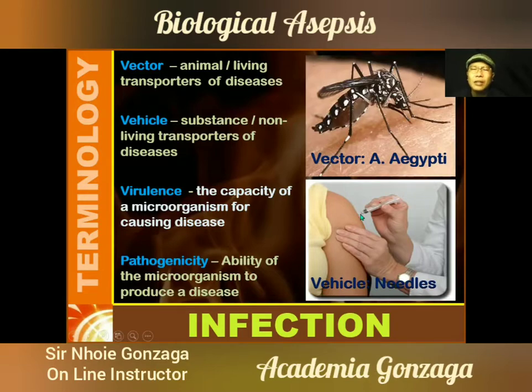And because of that needle injection, you contracted AIDS. You call the transfer of AIDS from one person to another transmission or contamination through a vehicle. Why? Because an injection is not actually a living organism.